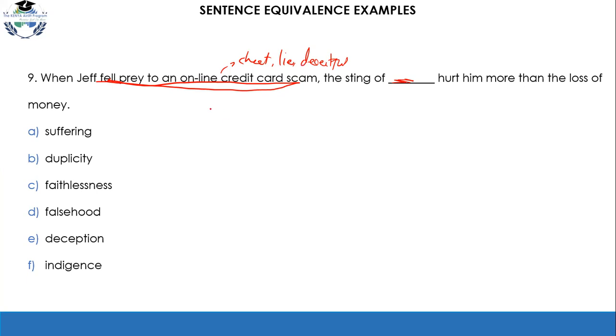So let's look at this. Suffering means to undergo or feel pain, right? So being scammed online does not really work with feeling pain, right? They have not hurt you physically. So suffering would not work here. We have duplicity. Duplicity means dishonesty.